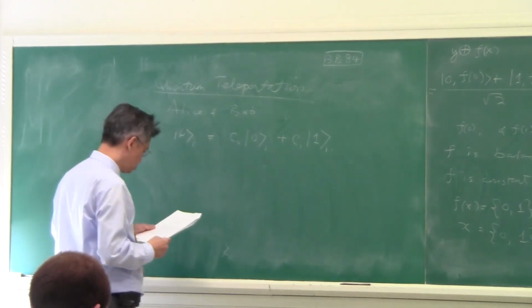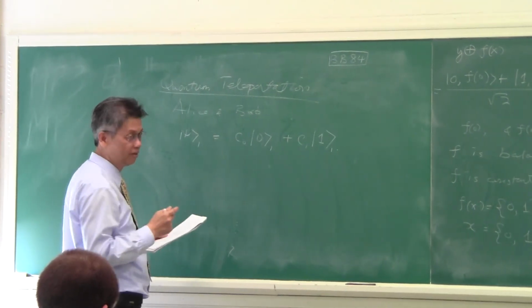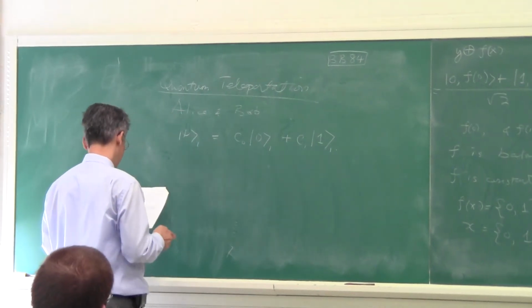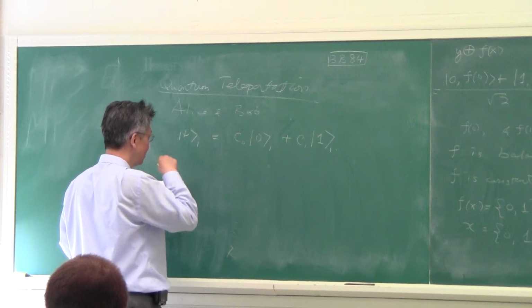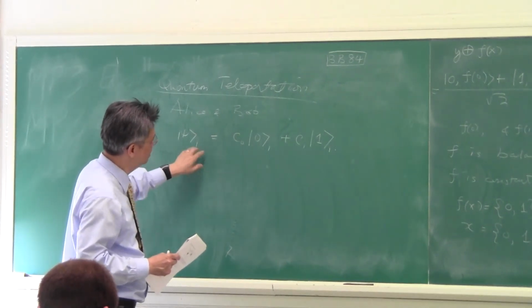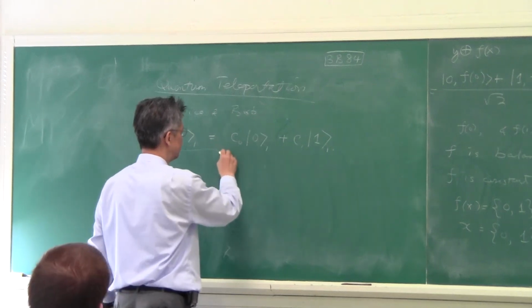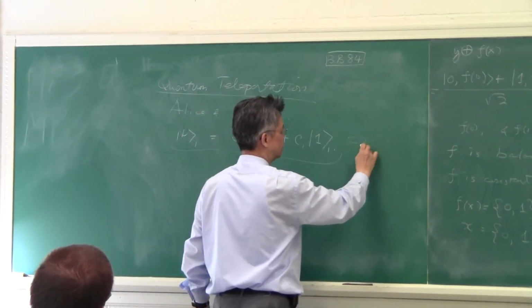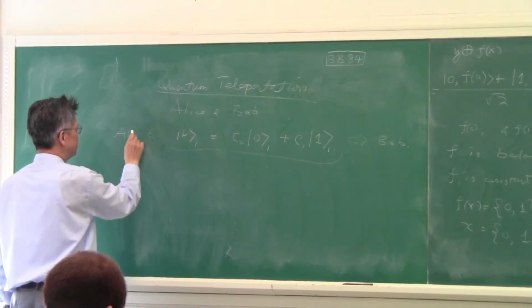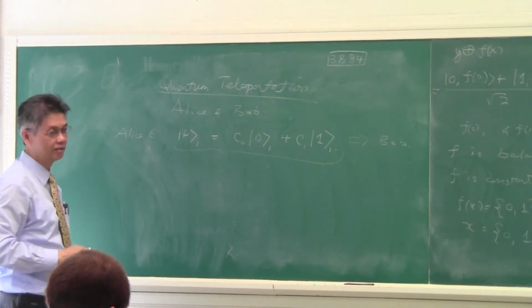And then Alice also has another photon in a 0 and 1 state, and she wants to figure out how she can send the information, the state of this photon, to Bob. This belongs to Alice, right? How can she do that?